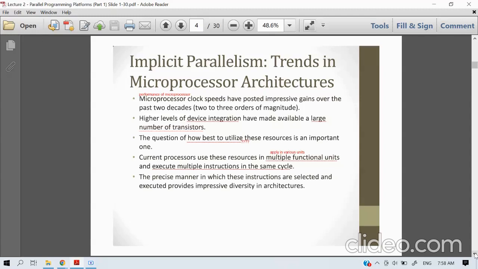Because we have different applications, multiple functional units, and multiple instructions being executed at the same time, the architectures of microprocessors become diverse, with different types of architectures and technology being offered by the manufacturers.